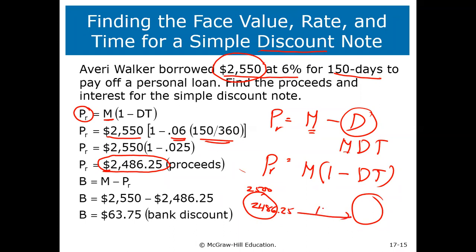After 150 days, we're going to pay 2550. This is the amount that we borrowed, and this is also the maturity value. The proceeds is less, 2486.25. How much is the bank discount? The bank discount is the difference between your maturity value and your proceeds, and that's 63.75.